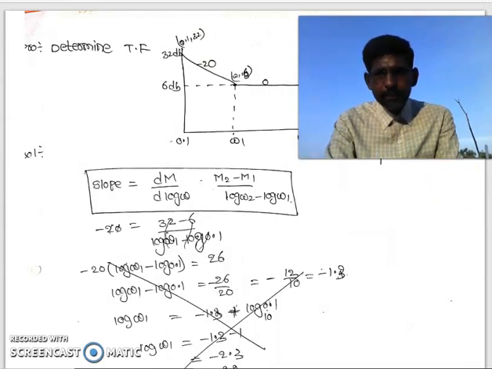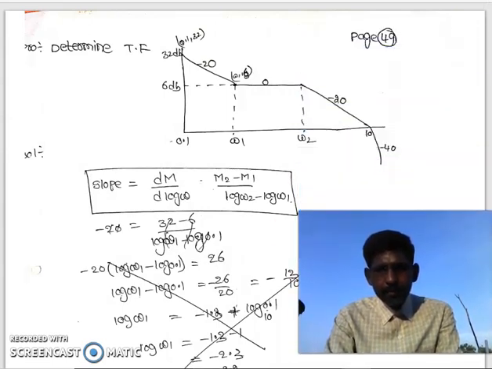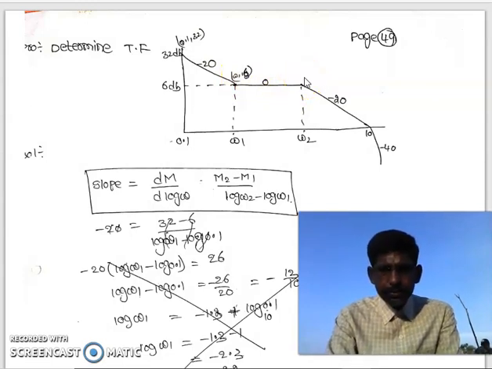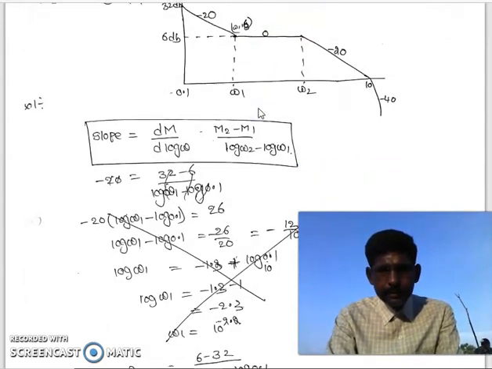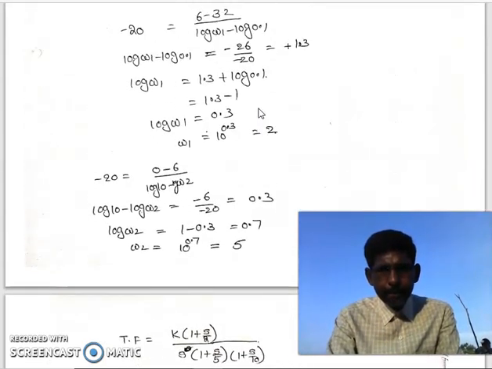Similarly, to calculate omega 2: here omega 1 is 2 comma 6, and here it is omega 2 comma 6. So to calculate that, minus 20 equals 0 minus 6 divided by log 10 minus log omega 2.